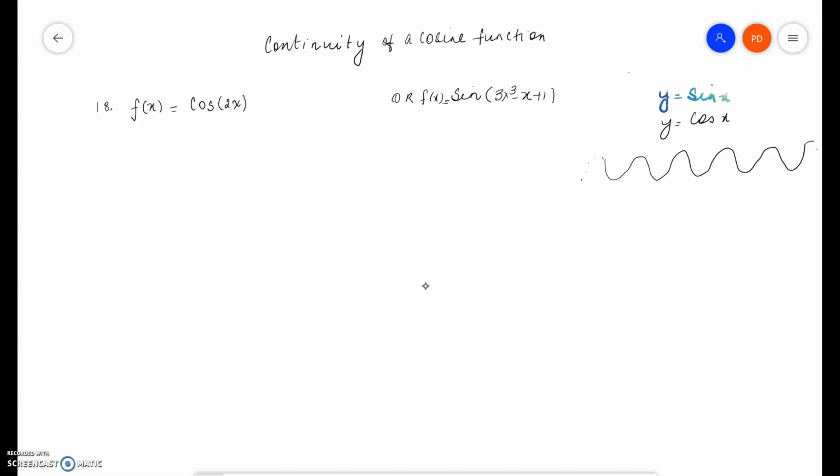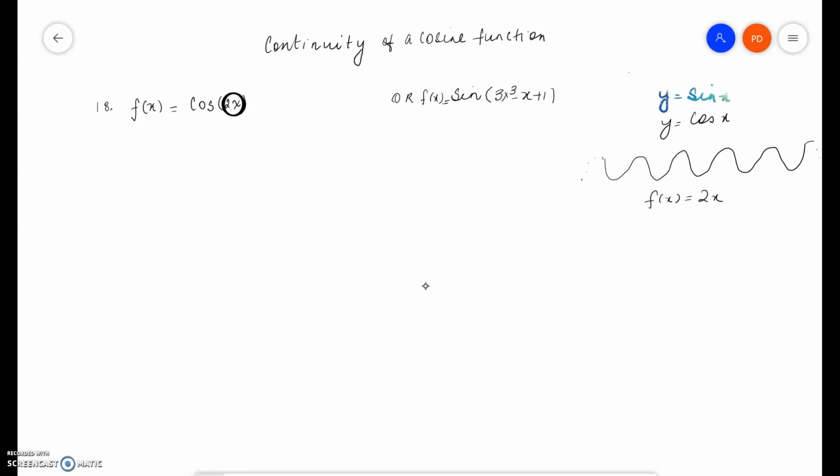So if cosine and sine are continuous, if we are trying to find the continuity of this function cosine of 2x, the only thing we need to worry about is the continuity of the function 2x. So f of x equals 2x is a polynomial function. It's continuous everywhere.